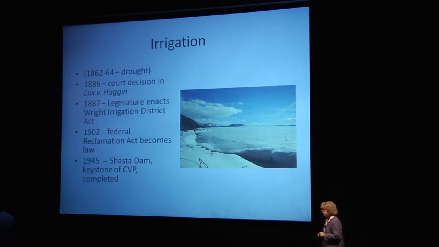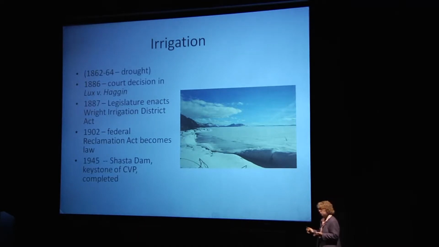It was originally planned by the state of California as a state irrigation project. California attempted to sell the bonds during the Great Depression and at that time could not manage a bond sale. So the federal government stepped in and took over the project, and this was at a time when there was the initiative to put people to work through the WPA, the Works Project Administration, and other programs like that to deal with the impacts of the depression on the economy.